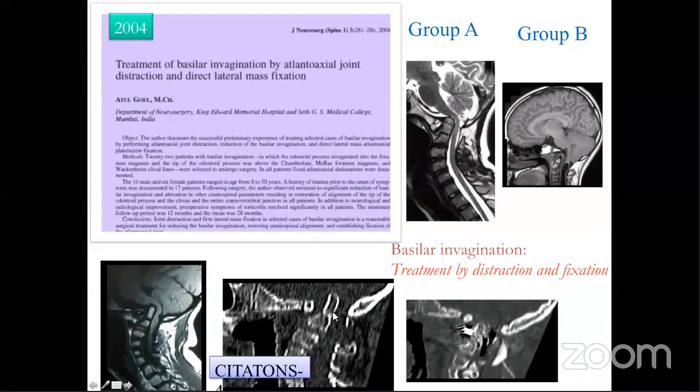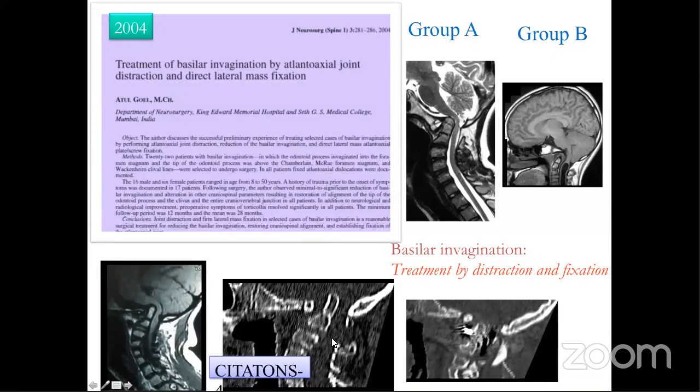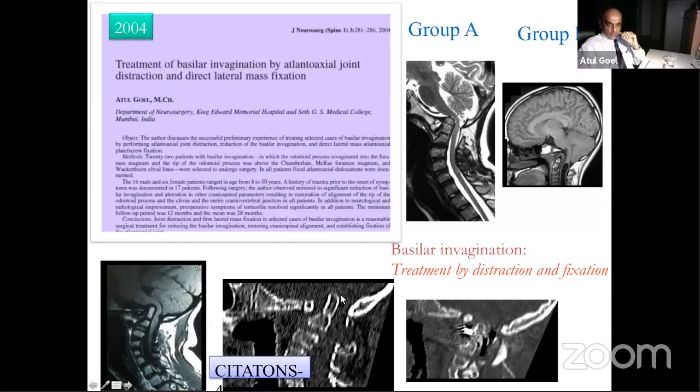So basilar invagination is a problem of weakness or instability of the muscles of the craniovertebral junction, and the odontoid process goes up. And as I was talking to you the other day, we had introduced this concept that you open the facetal joint and distract the facet, and reduce the craniovertebral junction, basilar invagination.